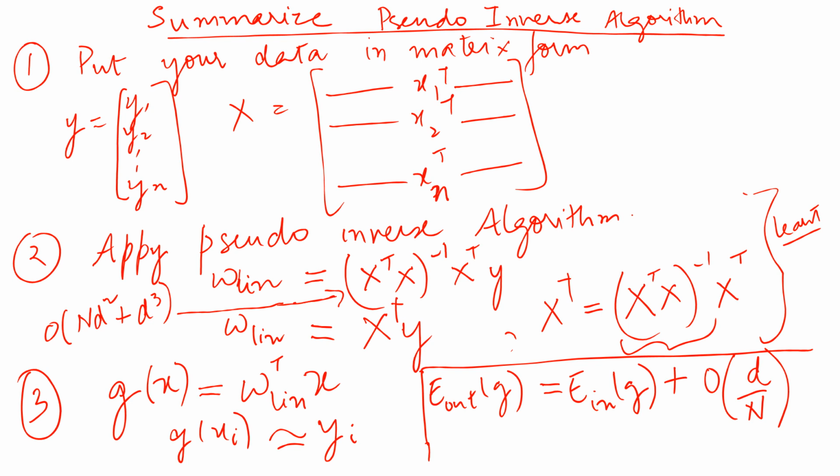So that's that. Okay, before we end this lecture, a little bit about classification. If you remember the pocket algorithm for classification, we said that minimizing E_in is a hard problem.